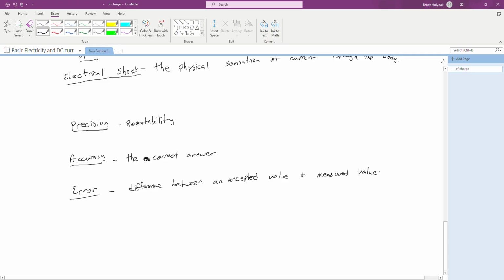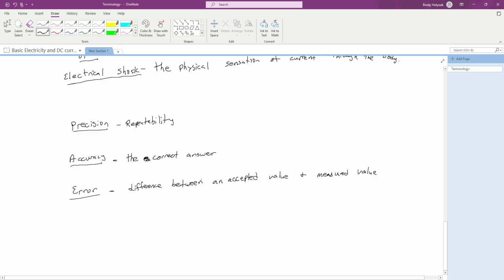So a lot of times the error, we're going to put it into a percent. We are going to be looking for, in this class, a 5% error, so you can be 5% bigger or 5% smaller of the value and of what is calculated versus what it should be, and we are going to be considering that a good value for that.